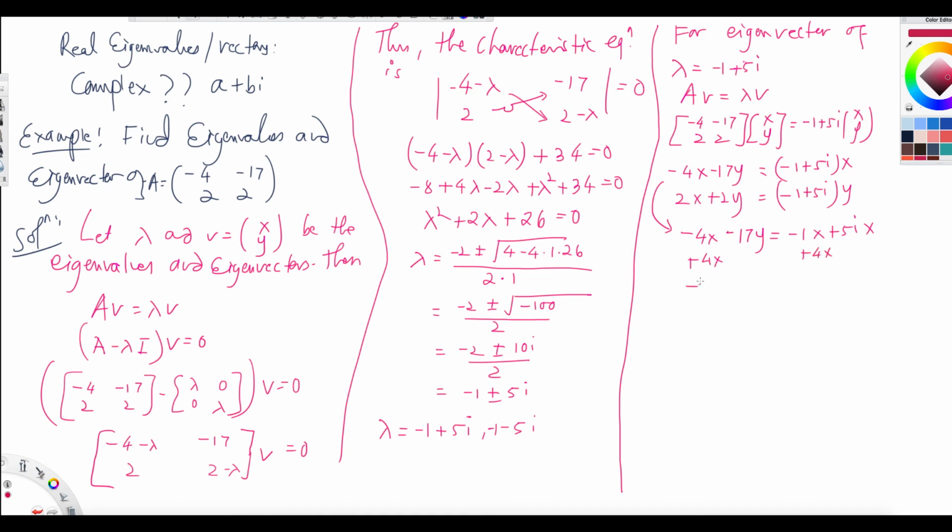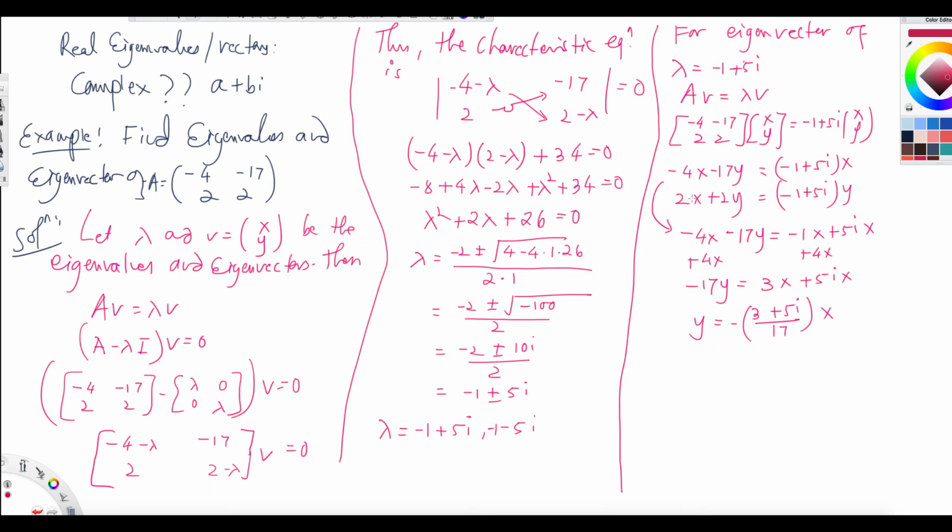You get -17y equals (3 plus 5i)x. Okay? So basically you get y equals (3 plus 5i) over -17, you can write the negative here, times x. This is what you get. Y equals to that value.